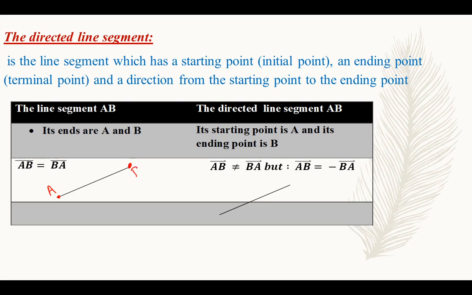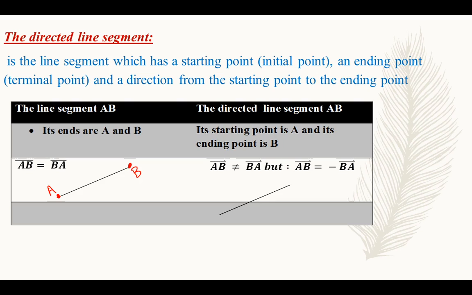It has a starting point A and ending point B, or it has a starting point B and an ending point A. The starting point here is not important. To study from A or to study from B is the same. And the length of the line segment AB is equal to the length of the line segment BA.